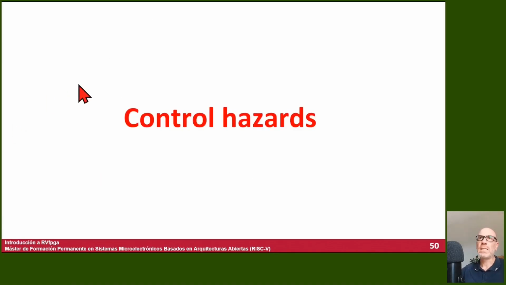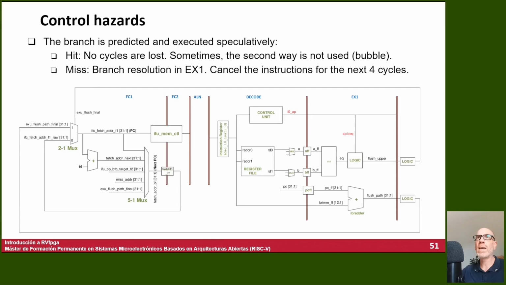To finish our analysis of hazards, we'll briefly look at control hazards. These occur due to branch instructions, and processors typically include a branch predictor to guess the execution path. If the prediction is correct, no cycle is lost.